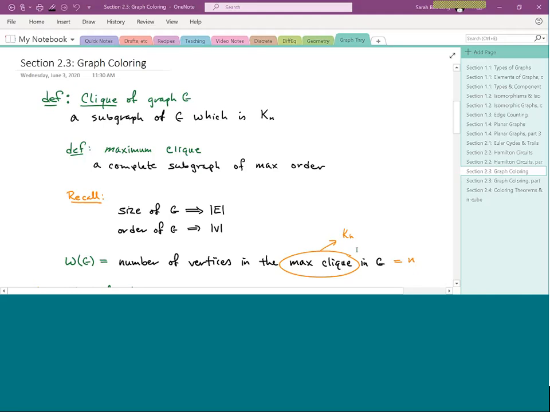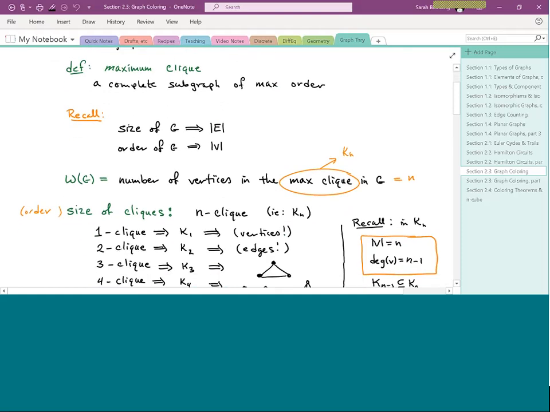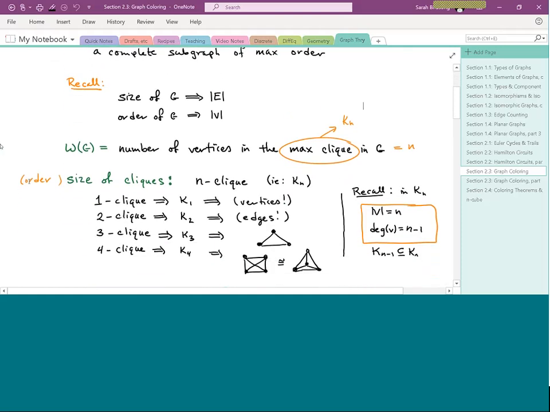In terms of writing them out, your cliques are typically not written with the K and then the subscript, although we totally did that last time just fine. They'll often be written as the 1-clique, the 2-clique, the 3-clique, the 4-clique, and this number, the 1 through 4 right there, is telling you how many vertices are involved.